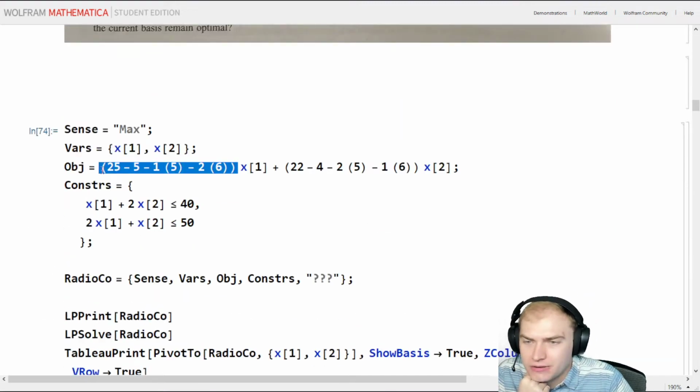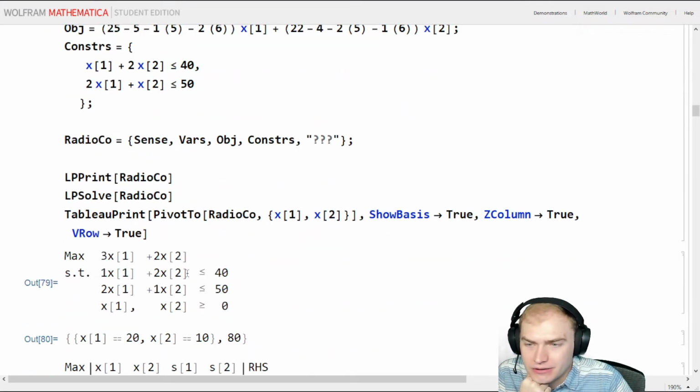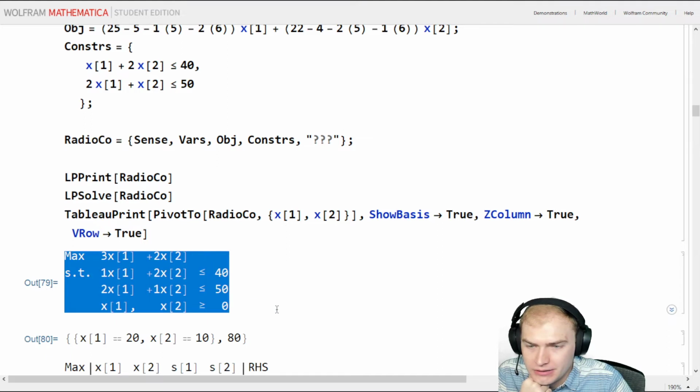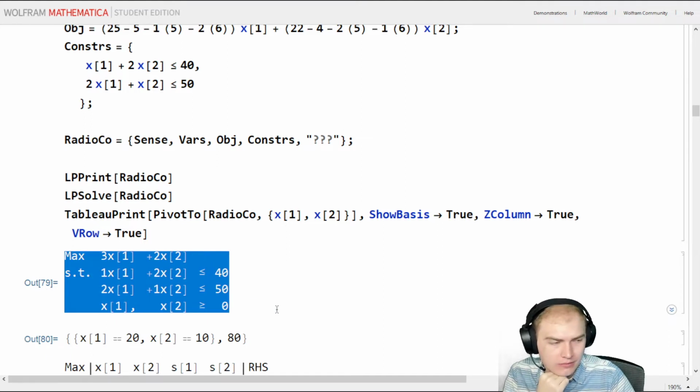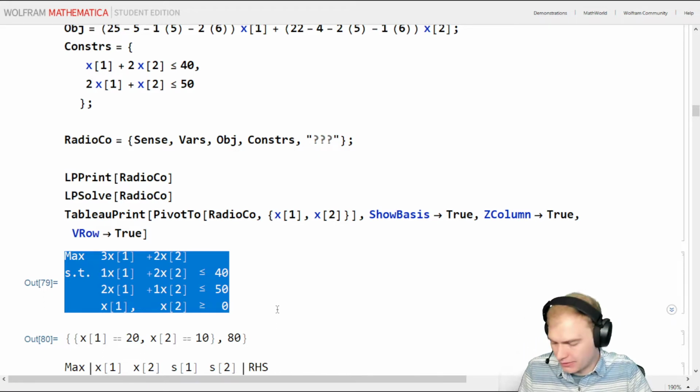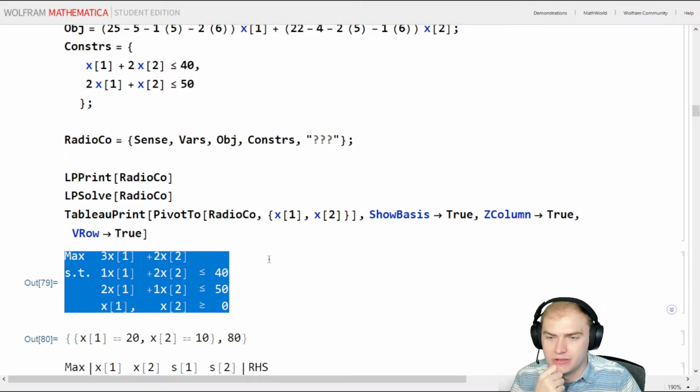I subtracted that all out and got the same LP that they give in the book, once I corrected that issue in the table. So that's as far as I've gotten with this problem. I thought we could explore it here live.